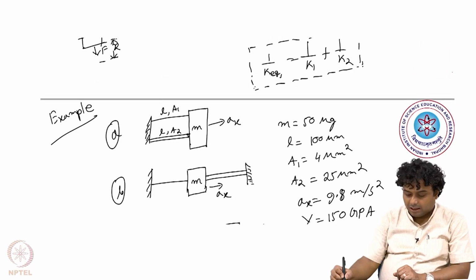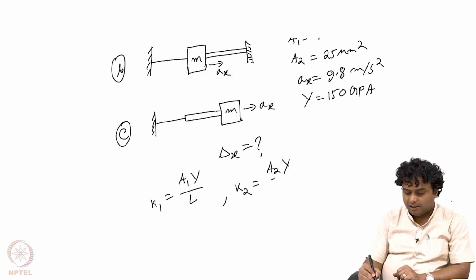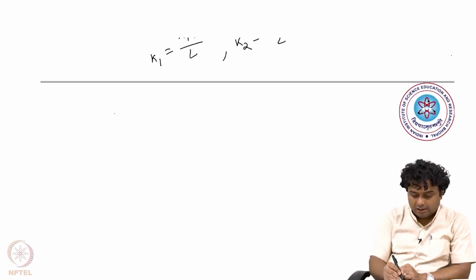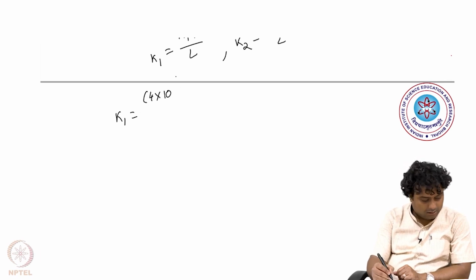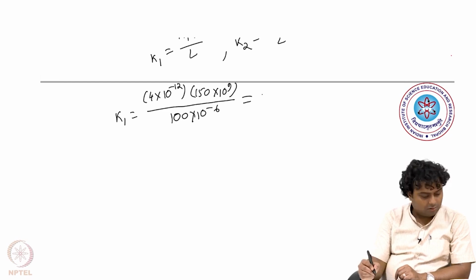K1 means the thinner beam and K2 is the thicker beam. Let us say K1 is equal to A1 Y by L and K2 is equal to A2 Y by L, and if you put the values, then you will get K1 equals 4 into 10 to the power minus 12 into Y, which is 150 gigapascal, so that is into 150 into 10 to the power 9, and then L1 is 100 micron, so that is 100 into 10 to the power minus 6, which equals 6000 Newton per meter.